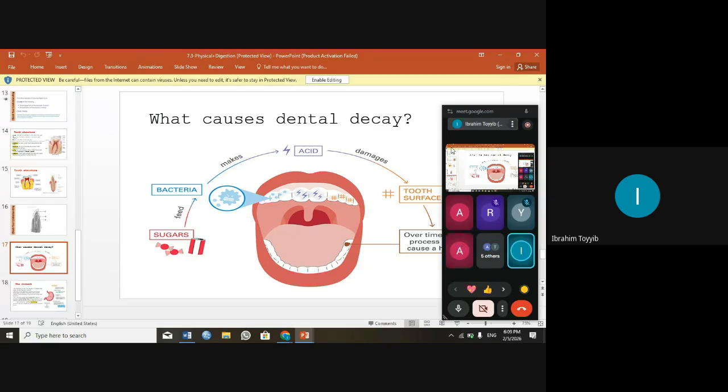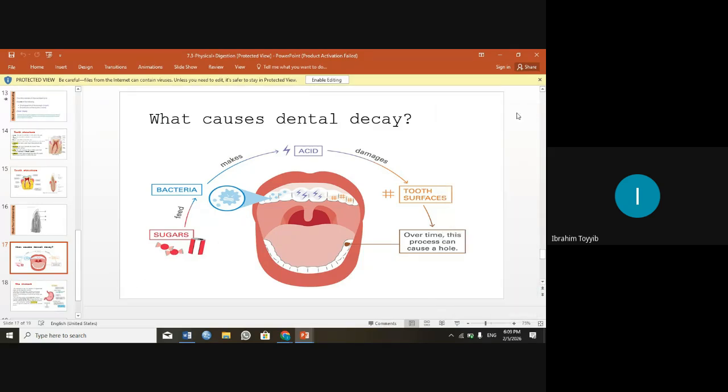What causes dental decay? When you feed on sugary food, bacteria present in the mouth will make acid. When bacteria make acid, the acid will be too much for our tooth.